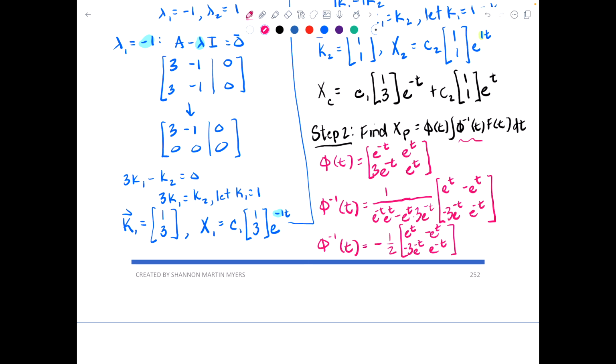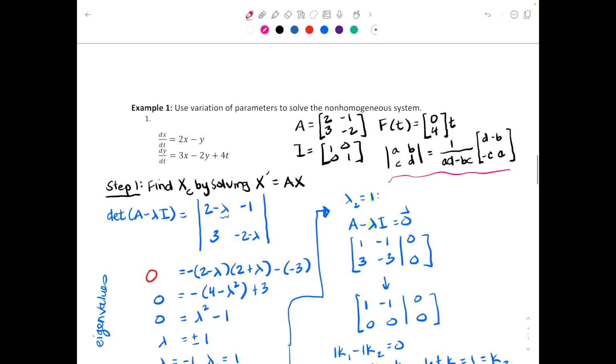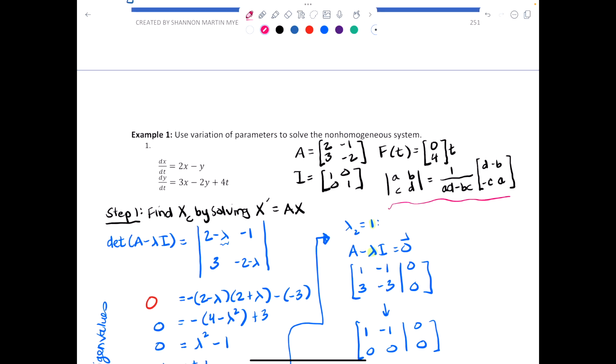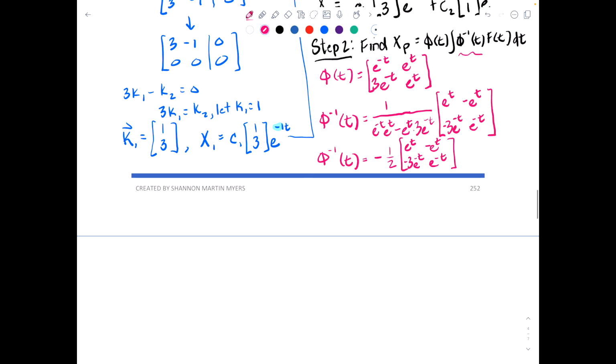All right, so now let's find X_p, because we know f at t from above, right? The column vector 0, 4t. So here we go. Coming down to our next page, we have X_p equals Φ at t times the integral of Φ inverse at t times capital F at t dt.